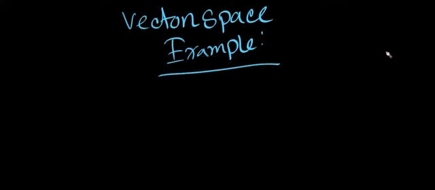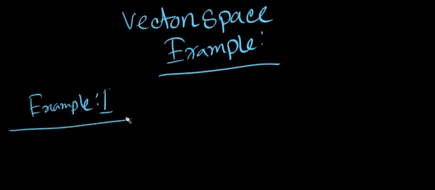So the first thing we need to consider today is, let's say, our example 1. We want to take the space consisting of the set of arrows that we are familiar with from our course on introductory physics and vector analysis.